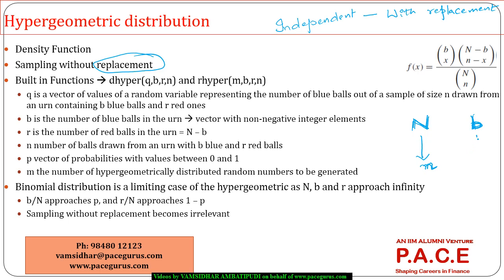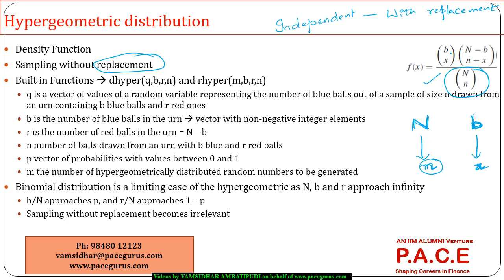I want to find out, when I take a sample of small n, what is the chance that x of them will be successful. Because I am sampling small n out of capital N, the number of ways in which I can do that is N choose n.